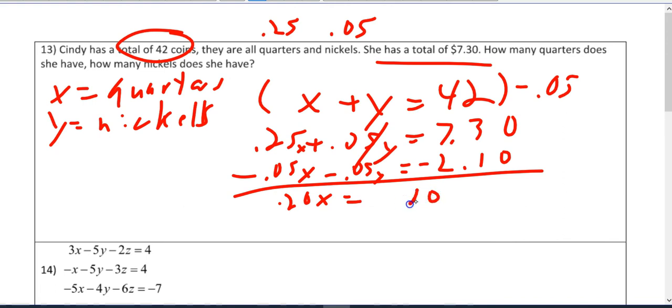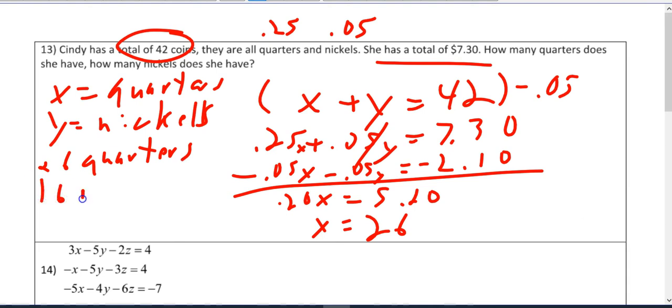This is going to give me 520. And 520 divided by 0.2 is 26. So there's 26 quarters. And if I do 42 minus 26, that gives me 16 nickels, because there was 42 coins total.